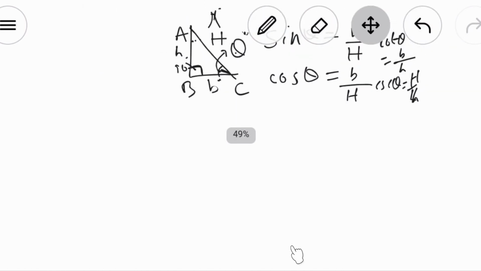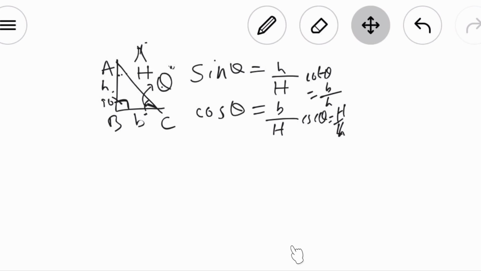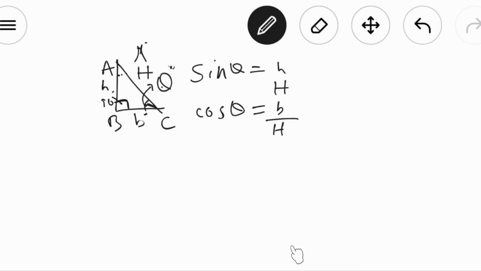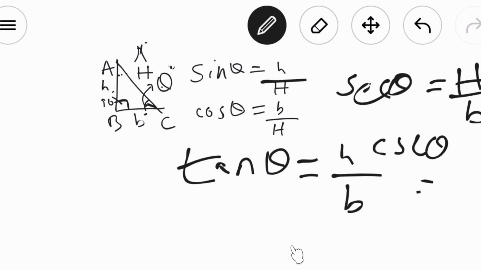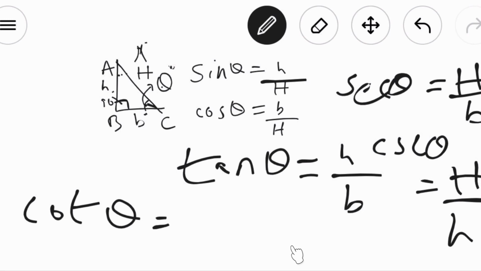So let me write it for you clearly again. Sine theta is going to be h over capital H, and tangent of theta is going to be h over b, and secant theta is going to be capital H over b, and cosecant theta is going to be capital H over small h, and cotangent theta is going to be b over h.